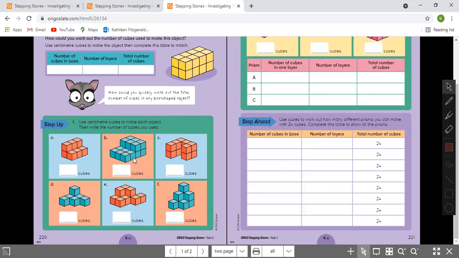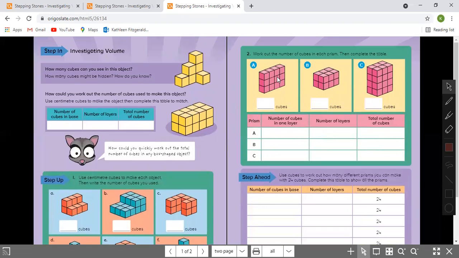Now because these aren't rectangular prisms, you're going to need to count the number of cubes. Well, this one is not a rectangular prism, but it has got the same base going up all the way. So when it's not a rectangular prism, we need to count each layer.